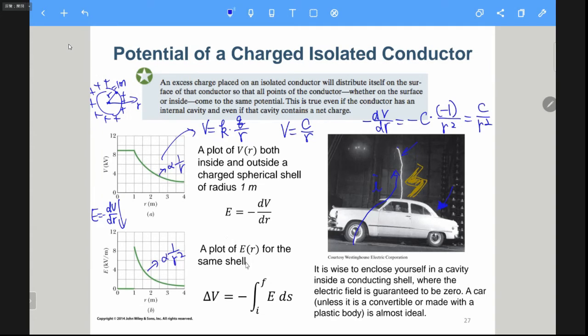Or if it is the other way around, you can integrate it from 0 to some R, and you will get delta V equals the negative line integral of E dl from i to f. Suppose the potential at the center point is this value, and then you start integrating. Inside, E is 0, so it contributes 0.